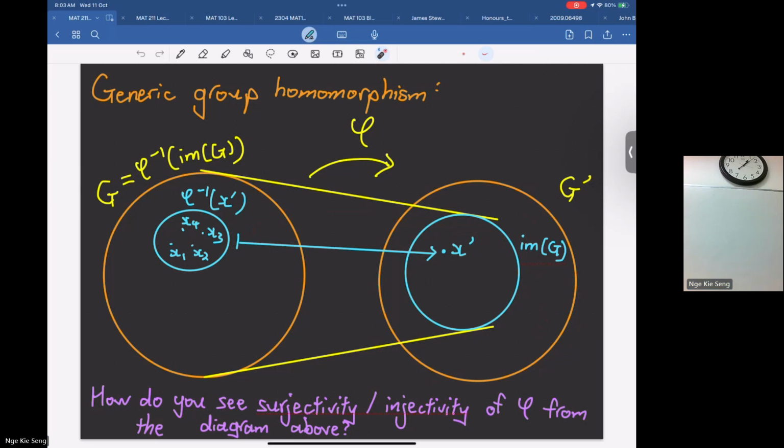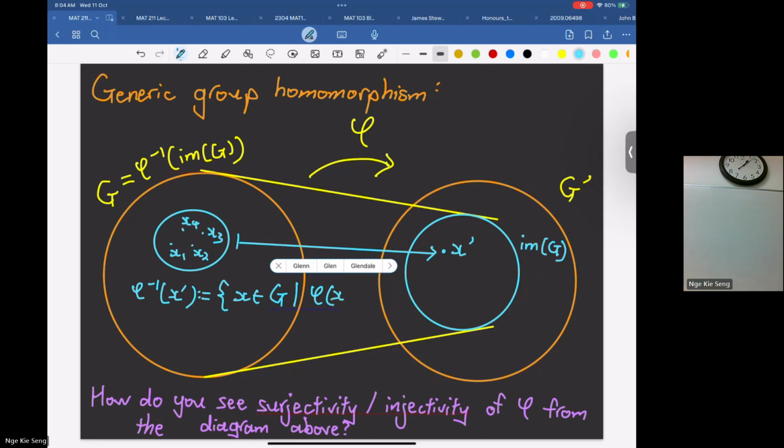So what's the pre-image of a point? A pre-image under a map is all the points inside your domain such that when you map x across, you get your image.